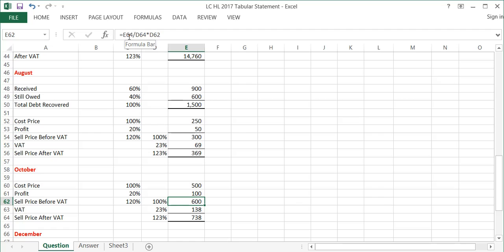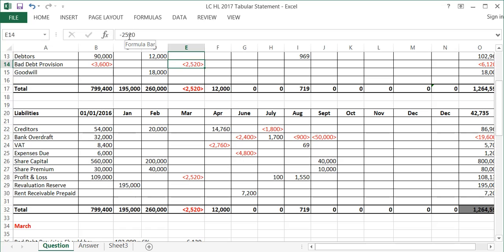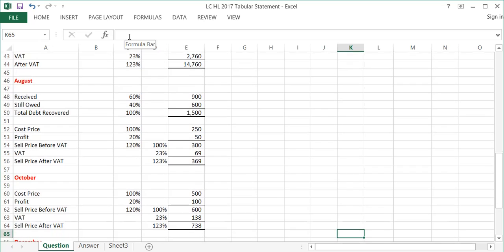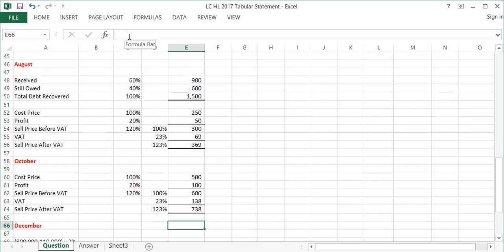So the first thing anyway, these are goods that were returned to us, so my stock is going to have to go up by €500 because we have this stock back again because they were returns. So stock is going to go up by €500. The next thing we're going to have to do is the VAT.